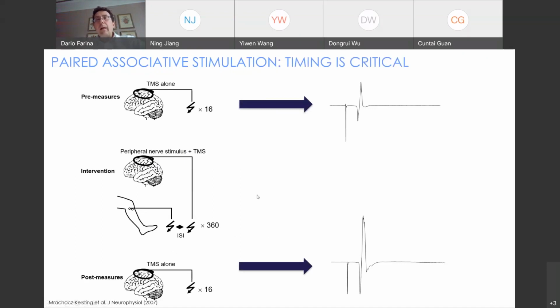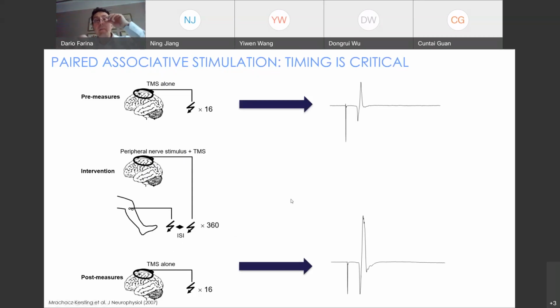Now, the critical aspect here is that the increase in cortical excitability strongly depends on the stimulus interval in the intervention. Specifically, there is a rather small range of values that indeed provoke an increase in excitability.